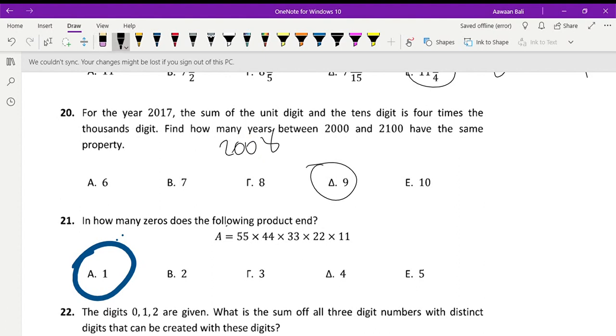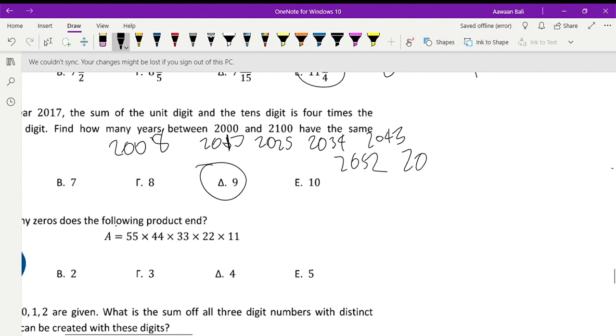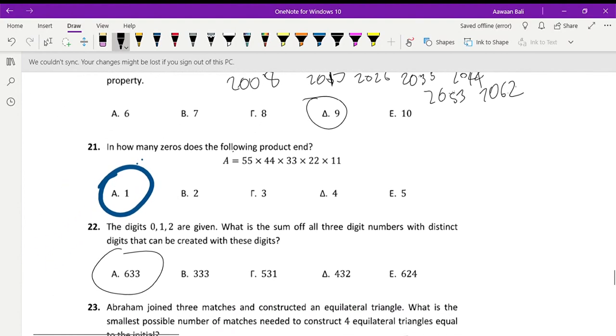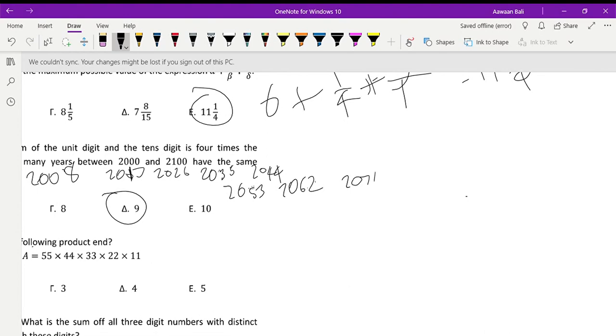and then we can just go through the sums of 8. So 2017, and then we have 2025, 2034, 2043, 2052, I went to 7 already. 2017, 2026, 2035, 2044, 2053, 2062, 2071, and 2080.